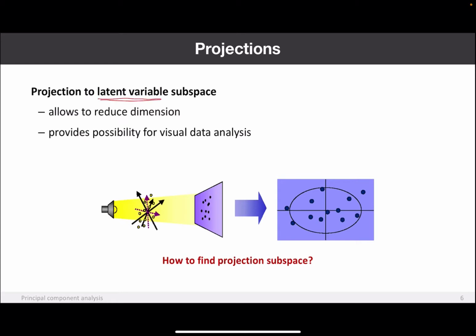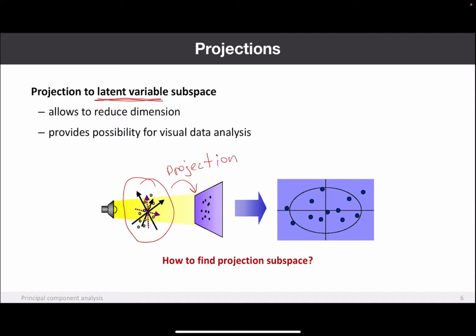We can find a very small number of variables which can describe all your data variation almost as well as your original variables. And if you can do that, you can project your data points from the high dimensional space to this lower dimensional space, and then use the lower dimensional space instead of the original one.